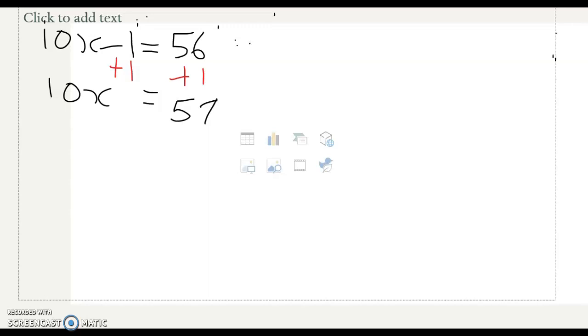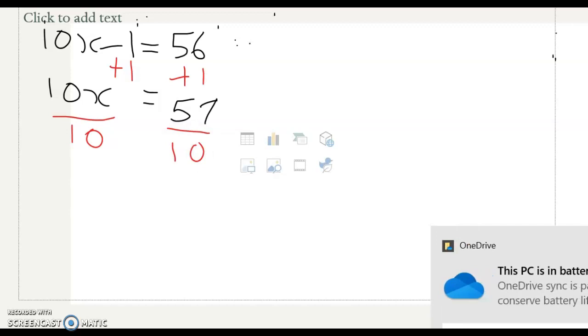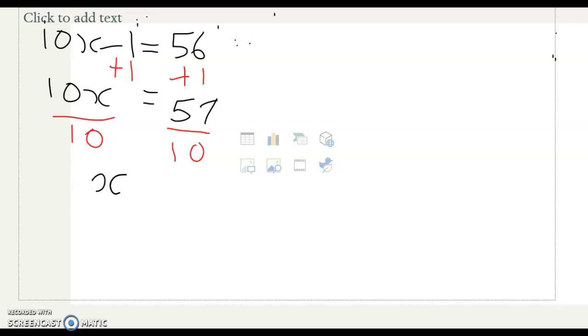It's not very nice. Again, we've got our times sign in between there. To cancel that out, we need to divide this side by 10, and the same to the other side. That will give me 1x left on the left-hand side, and it's going to give me 5.7. Hopefully you're good with that one. Don't forget you can pause the video at any time.